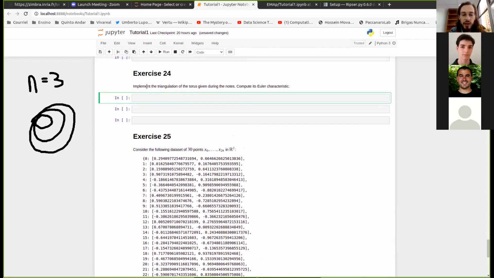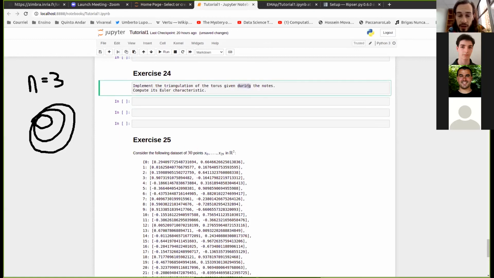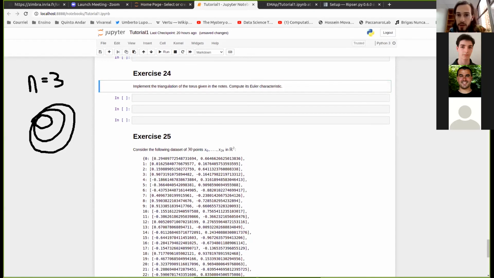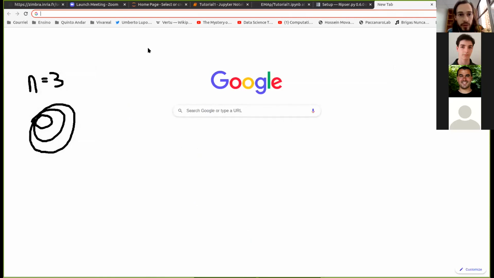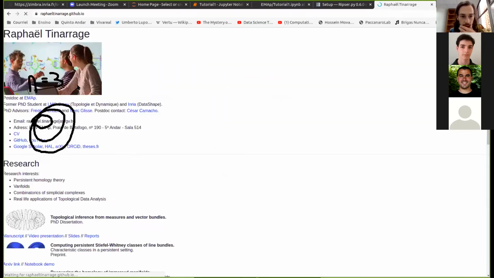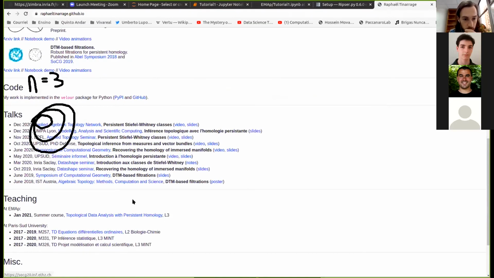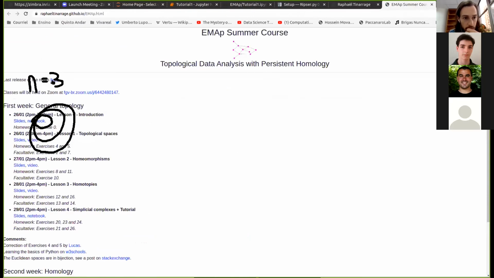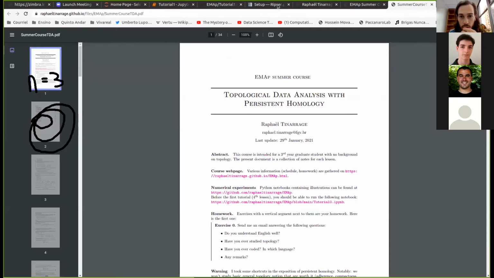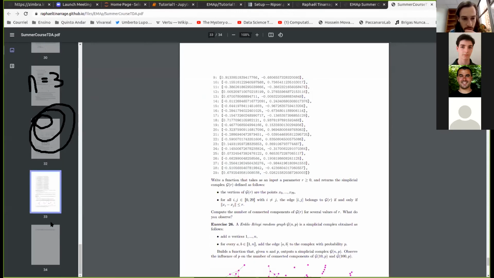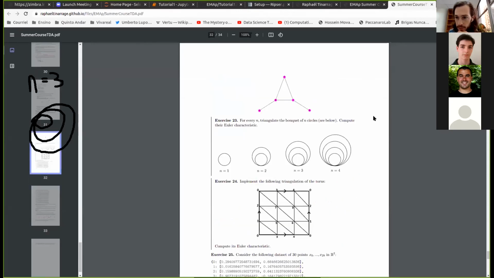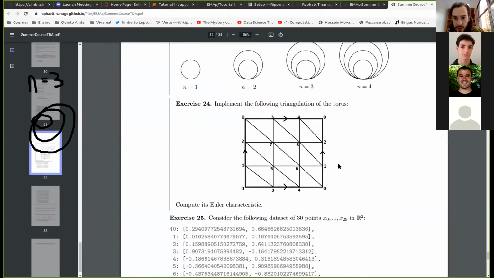Exercise 24: implement the triangulation of the torus given in the notes. So where is it? Yeah, this one.